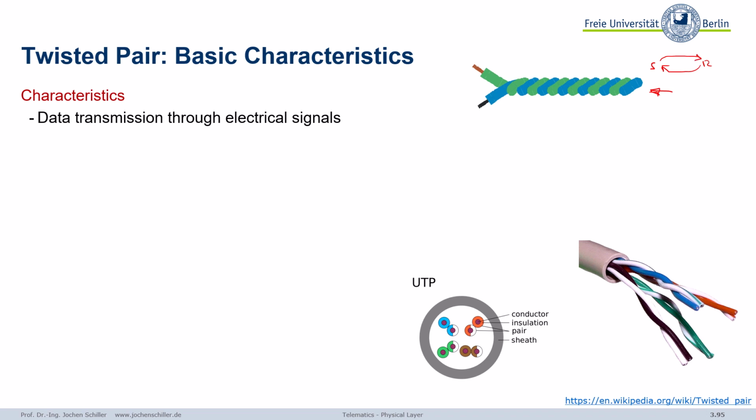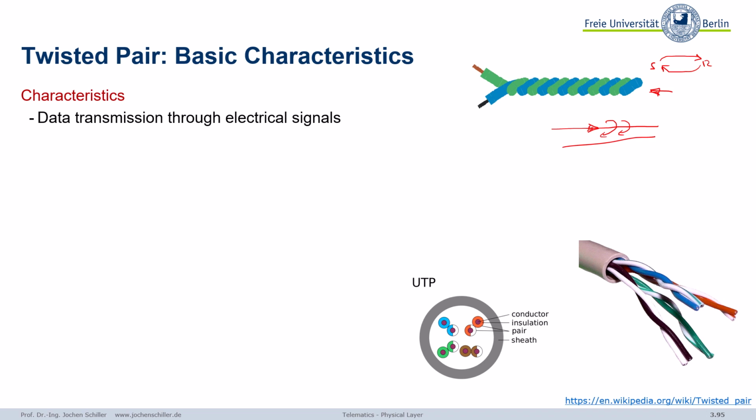You need the loop. So why twisting? Well, the problem is if you have a wire like this and there's a current flowing through the wire, you generate a magnetic field. And this could couple into the next wire.